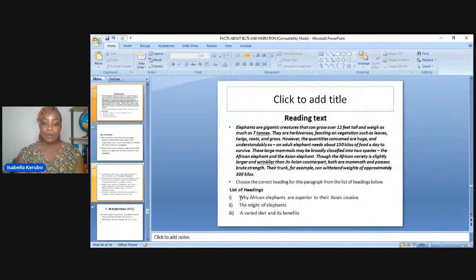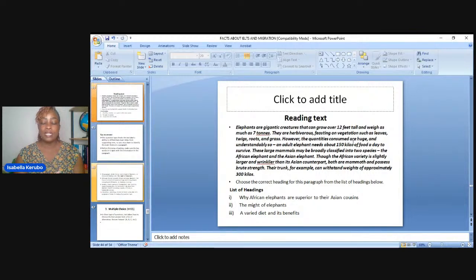Option one, why African elephants are superior to their Asian cousins. Okay. Option number two, the might of elephants. And option number three, a varied diet and its benefits. So we are required to choose the best heading for this text here.